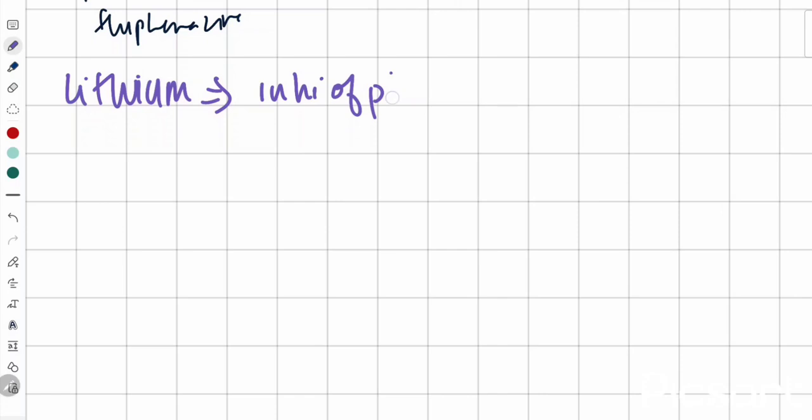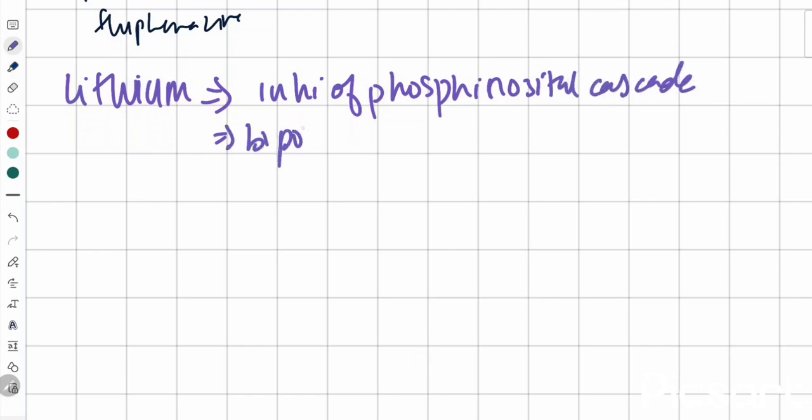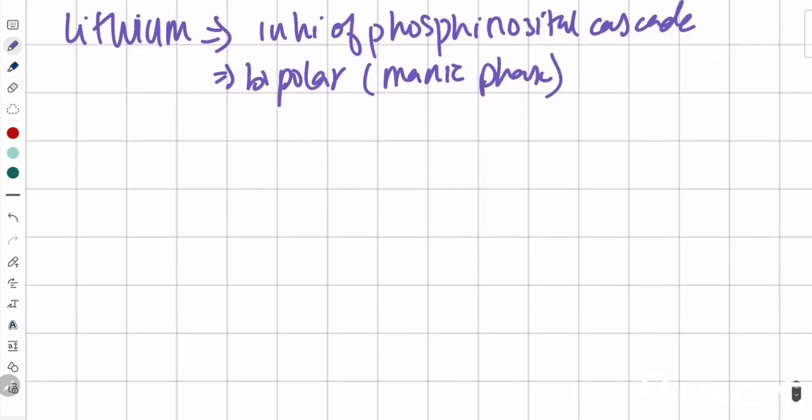Now let's talk a bit about lithium very briefly. So lithium, the mechanism is unknown, but it could be related to inhibition of the phosphoinositol cascade, and it is given in bipolar disorder, especially manic phase, and it prevents relapse. And there is again the mnemonic which stands in its name.